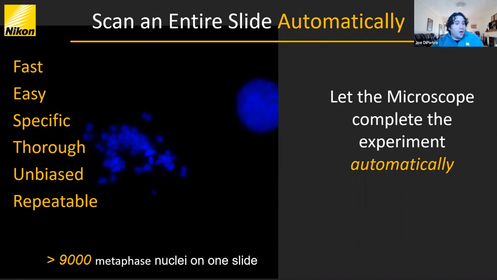It's going to take them a long time to do. In this case, if you put this slide on the next day and gave it the exact same parameters, it will find the exact same nuclei every time. That's really powerful when we're talking about repeatability in science and doing your science in a non-biased way, right?